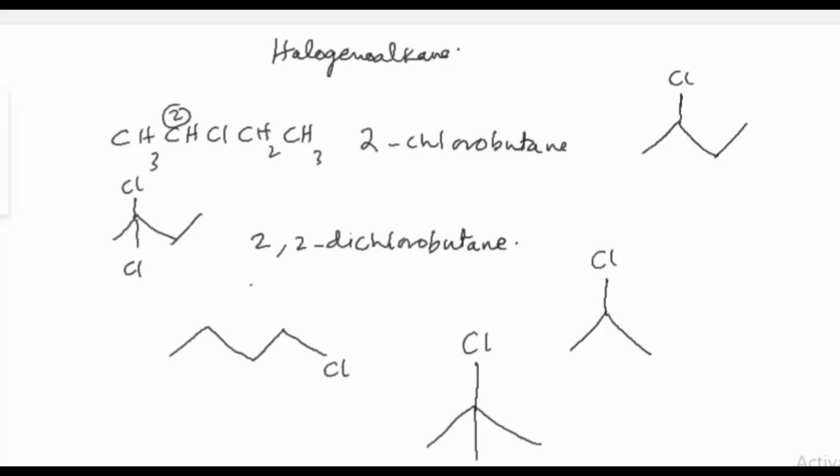So these halogens, they may be primary, secondary, or tertiary. If you look at this halogenoalkane, this is CH3, CH2, CH2, CH2, Cl. So CH2Cl is the 1-degree halogenoalkane, means this is the primary halogenoalkane. Now, in this halogenoalkane, this is CH3, this is CH3, and this is CCl, but this is CH.